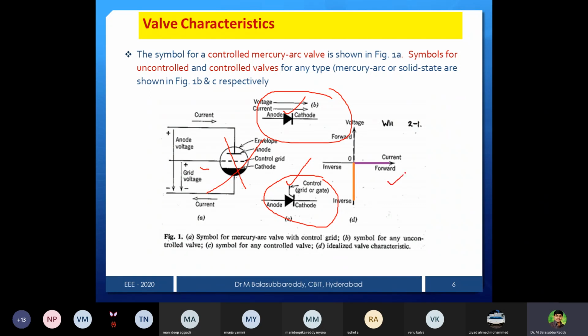The characteristics of the diode are also mentioned: forward current with voltage 0, and vice versa, when the voltage is present the current is 0.